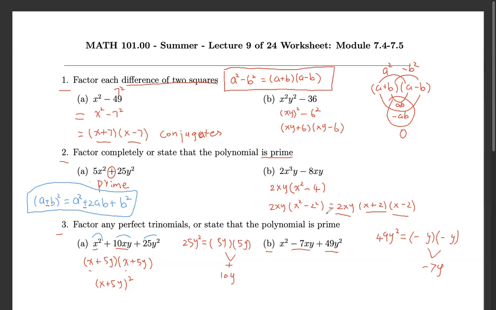That's impossible, right? The factors of 49 are 1 and 49, and 7 and 7. If we break into 1 and 49, that adds up to negative 50. If we break up into negative 7y and negative 7y, that adds up to negative 14y. So that tells us this is prime. It's not factorable.